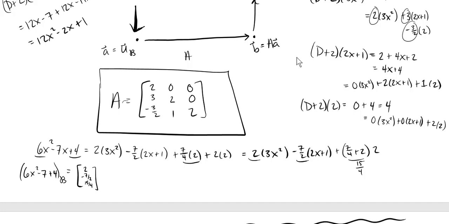Now, if we wanted to get the coordinates of the image in the same basis, the coordinates of this image relative to our same basis are just what I get when I multiply A times the coordinates of our vector.